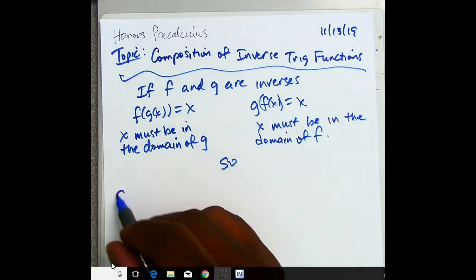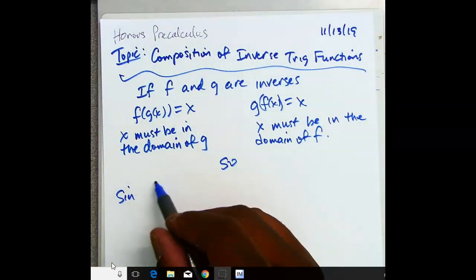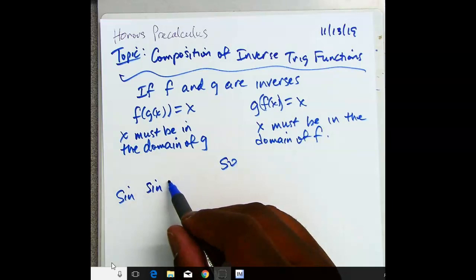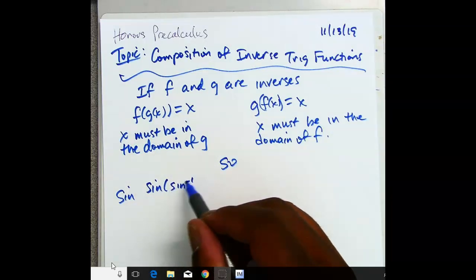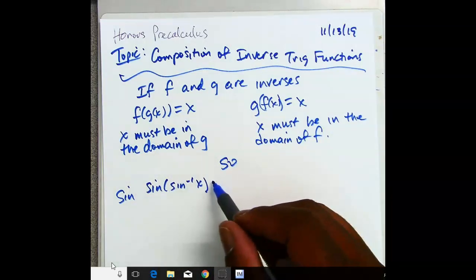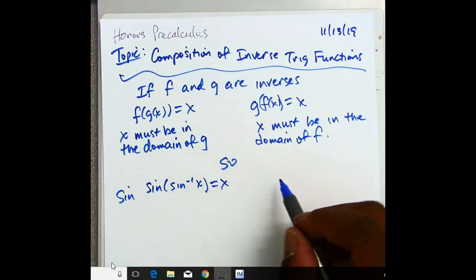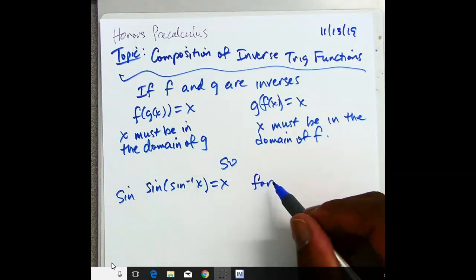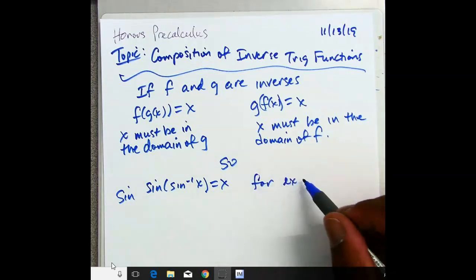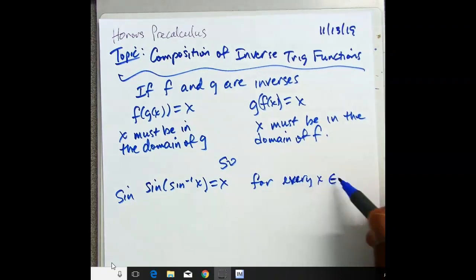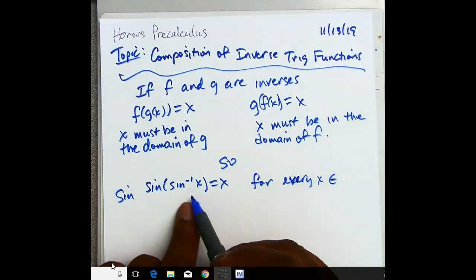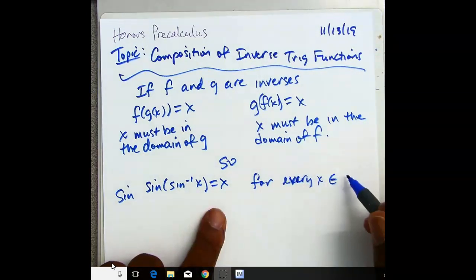So for sine, the sine of the inverse sine of x is equal to x, but that's only for every x that is an element of -1 to 1.